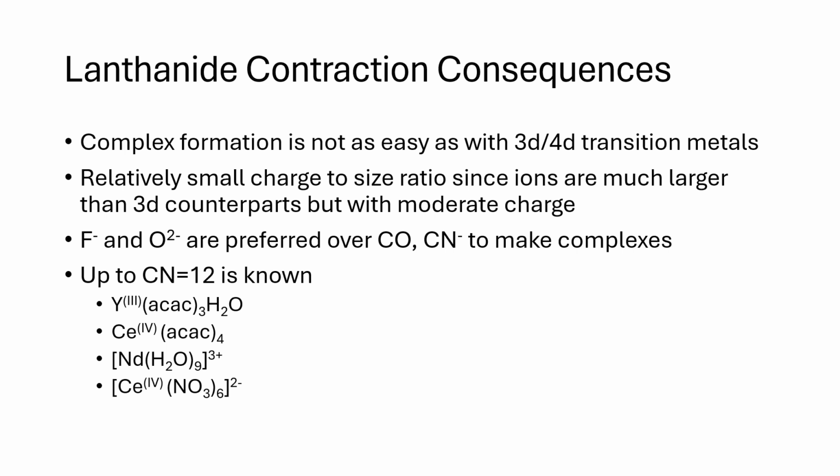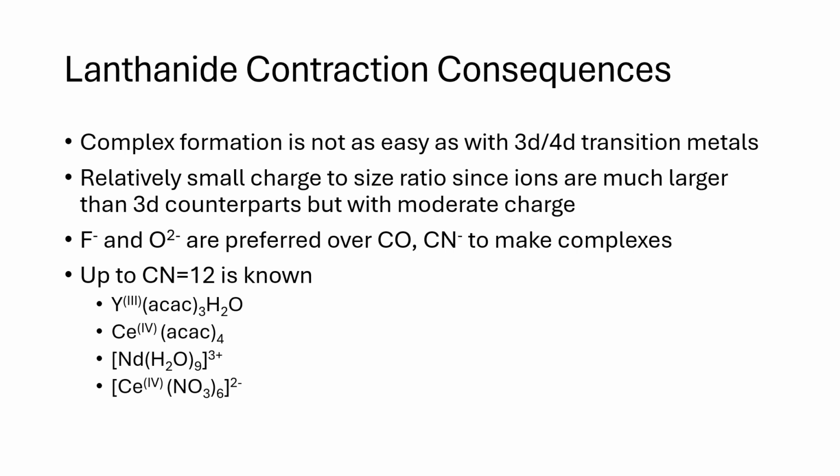The cerium version has a coordination number of 8. The neodymium one, a coordination number of 9. The last, cerium nitrate, has a coordination number of 12 because the NO3 acts as a bidentate ligand, binding through oxygen. So 6 of them by 2 bonds each gives us a coordination of 12.